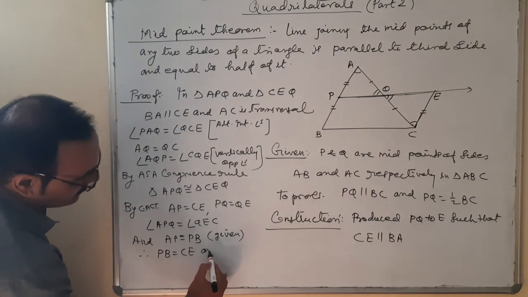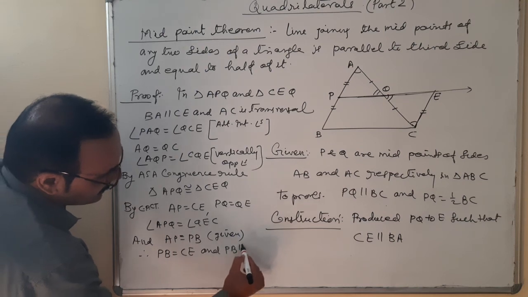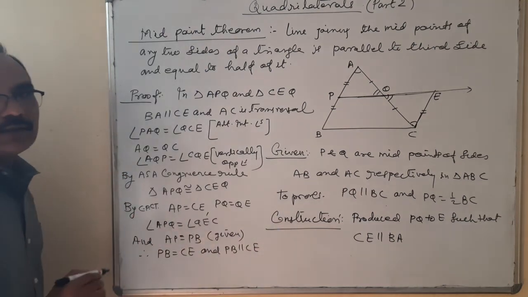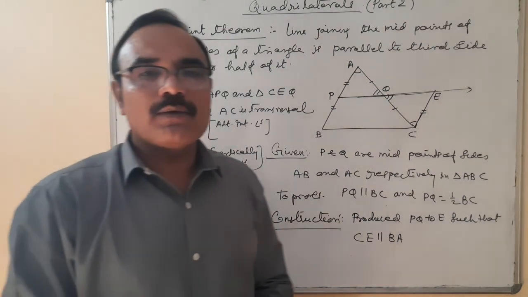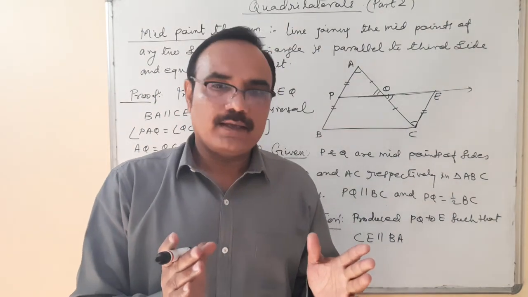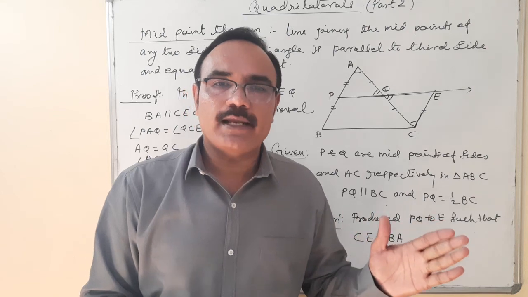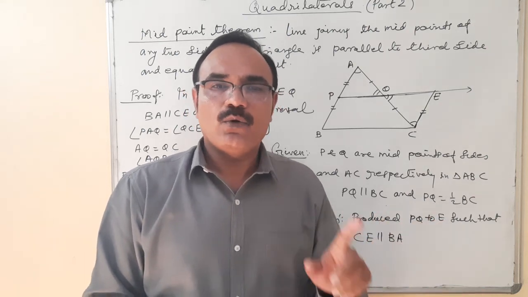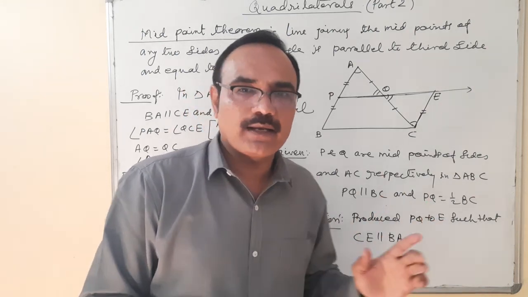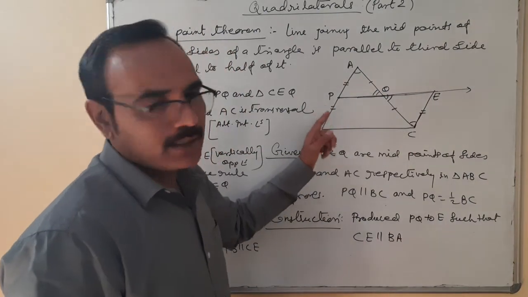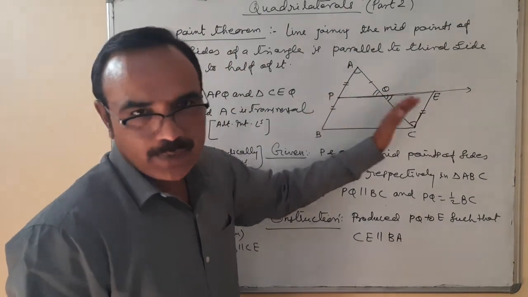And PB is parallel to CE by construction. By the property of parallelogram, you know that any quadrilateral can be a parallelogram if one pair of opposite sides is equal and parallel. So this is a quadrilateral where one pair is equal as well as parallel.